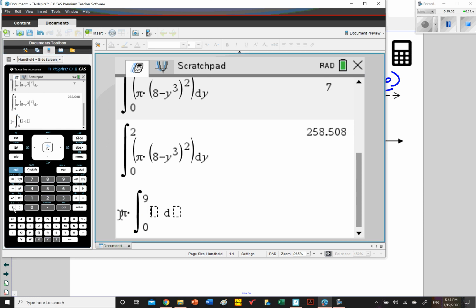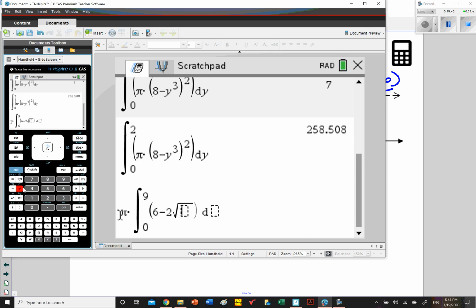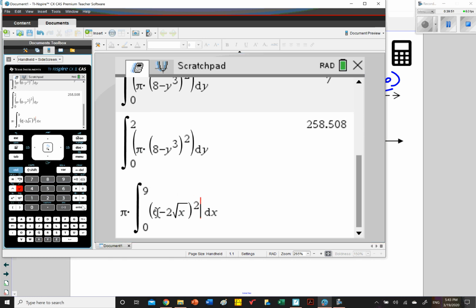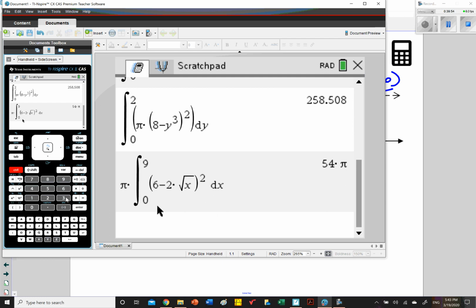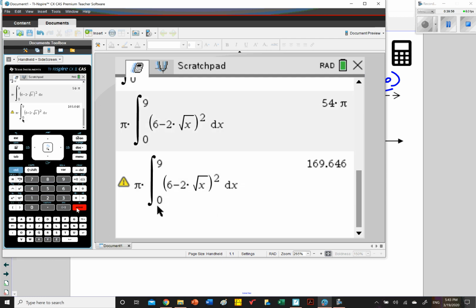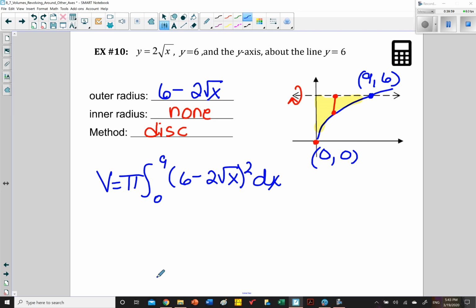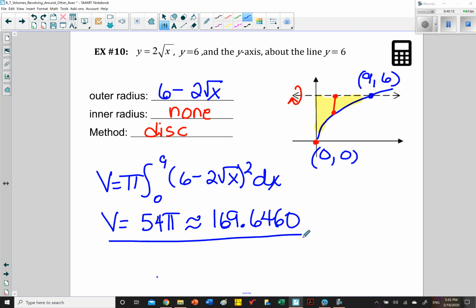And the integrand is 6 minus 2 square roots of x squared with respect to x. 54 pi or 169.646. So exactly 54 pi, or approximately 169.646. And that is the end of our new information for calculus.